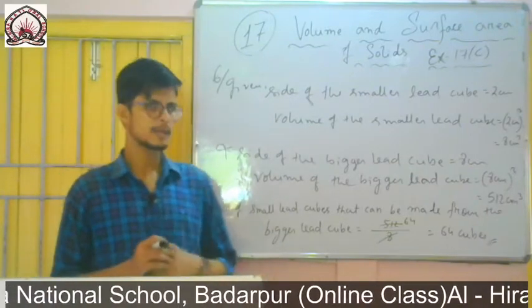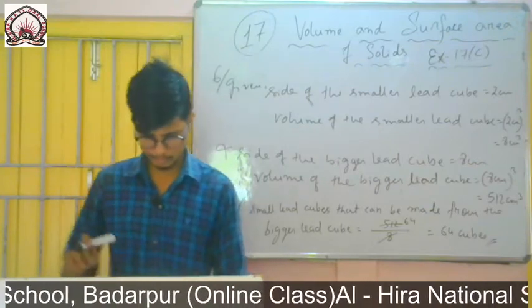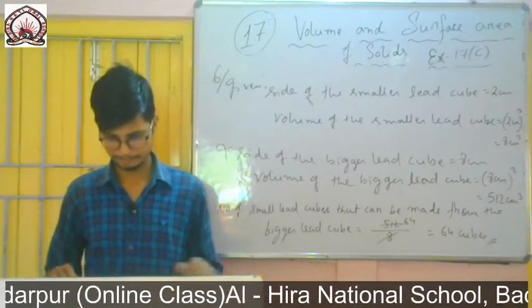The number of cubes is equal to 512 by 8, which is equal to 64 lead cubes.